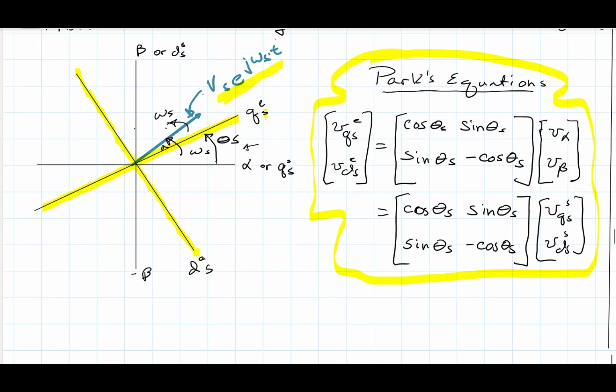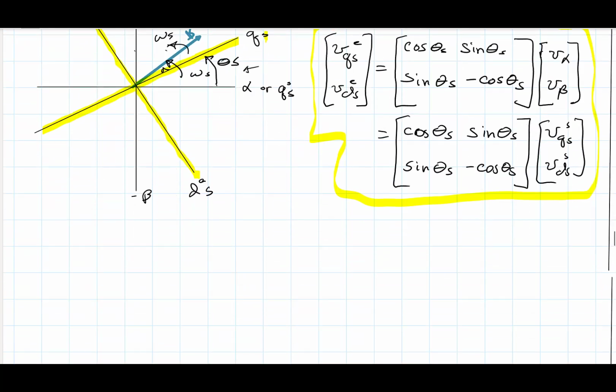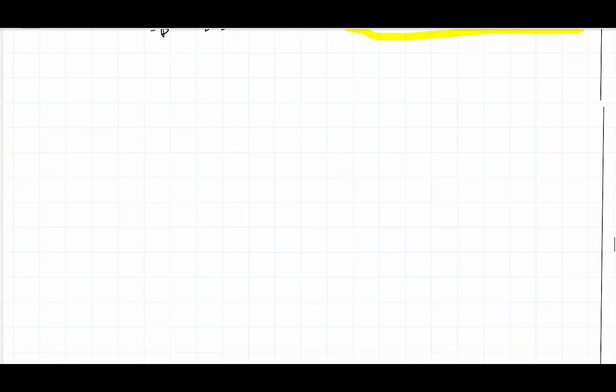Another important point I like to make is that you could get the same result without going through a two-step process. So basically go from three-phase to two-phase in the synchronous frame.